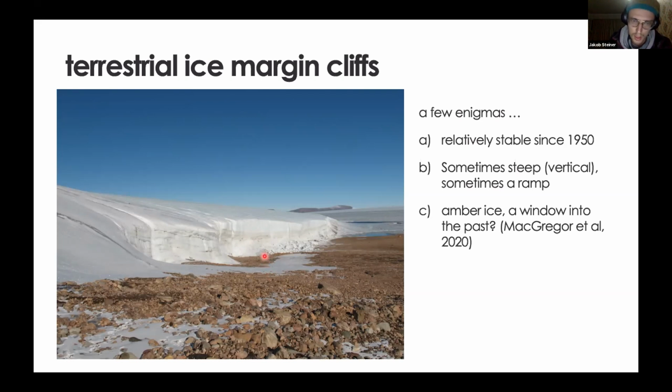So this shows that these amber ice lines are a nice window into the past and could potentially also help us to better understand past ice dynamics, and then also understand why the ice margin is forming in this way along the land-terminating ice margin in Greenland.